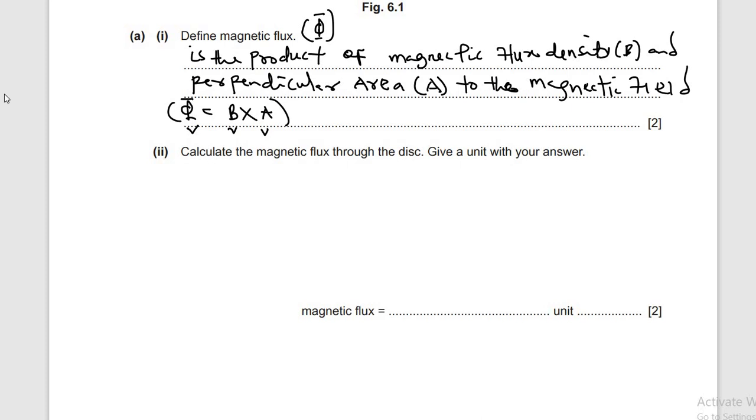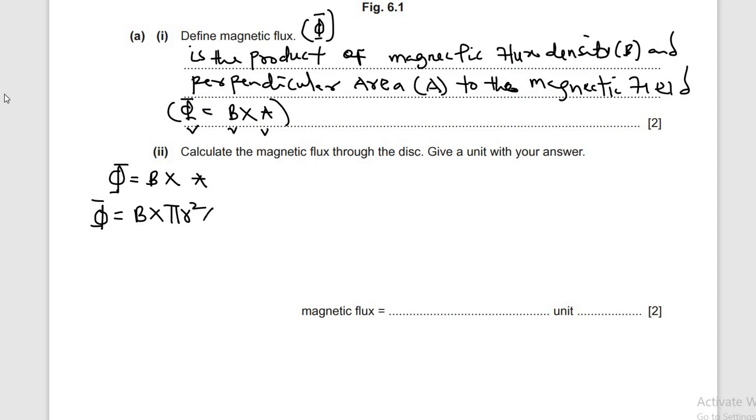Calculate the magnetic flux through the disc. What's the formula for magnetic flux? Magnetic flux density multiplied by area. In this case, area is pi r squared.